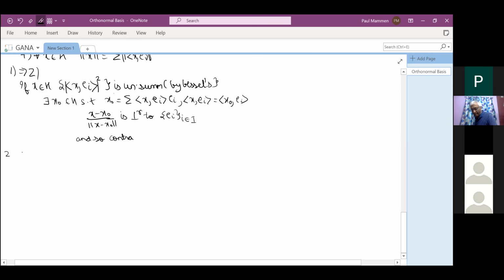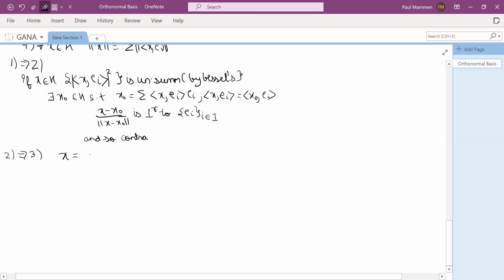Now 2 implies 3. We have x is equal to the sum of a_i e_i, sorry, this should be a_i, and y is equal to the sum of b_i e_i, and so the inner product is equal to, I can just take the limit of finite things.